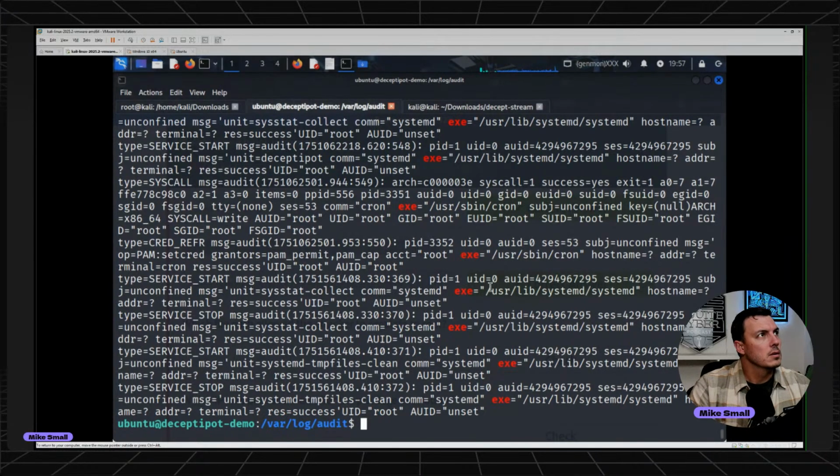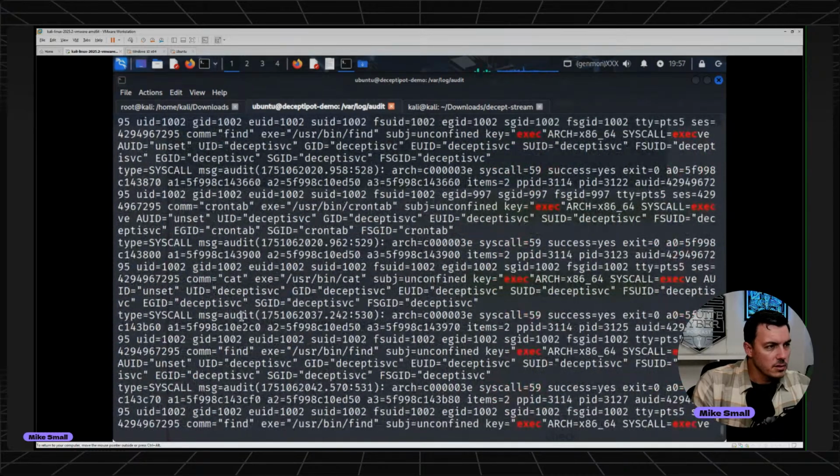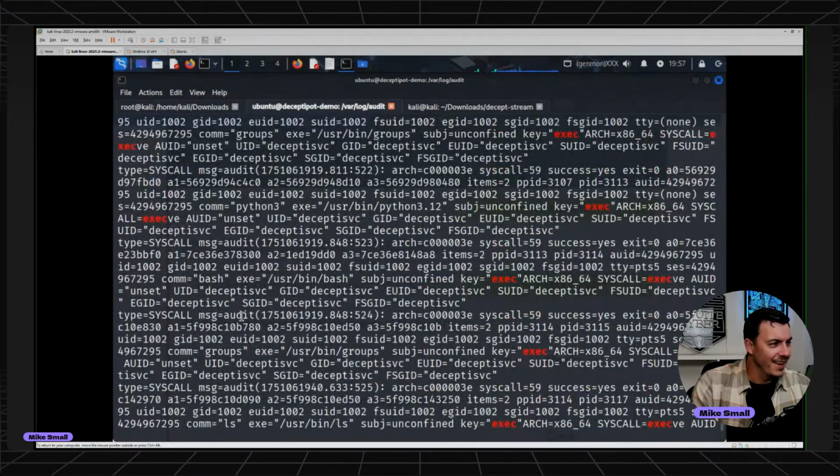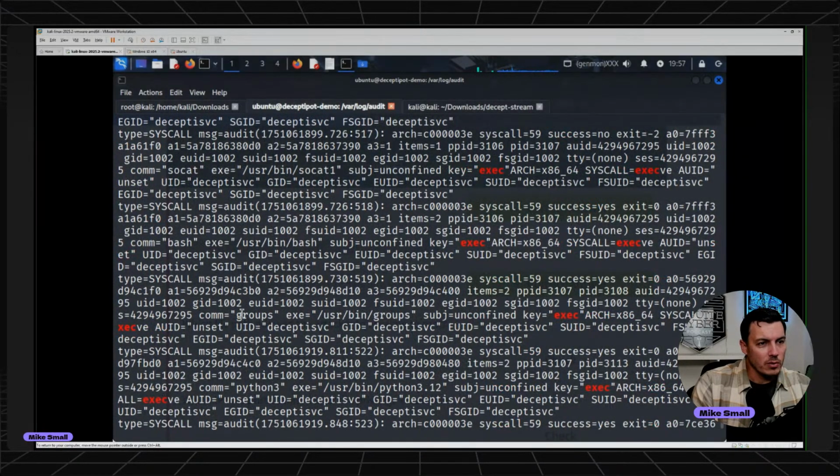So grep, let's do exec. Why is it so crappy? These logs look horrible. And what we're looking for here is, so here's SOCAT, so that's an interesting one.